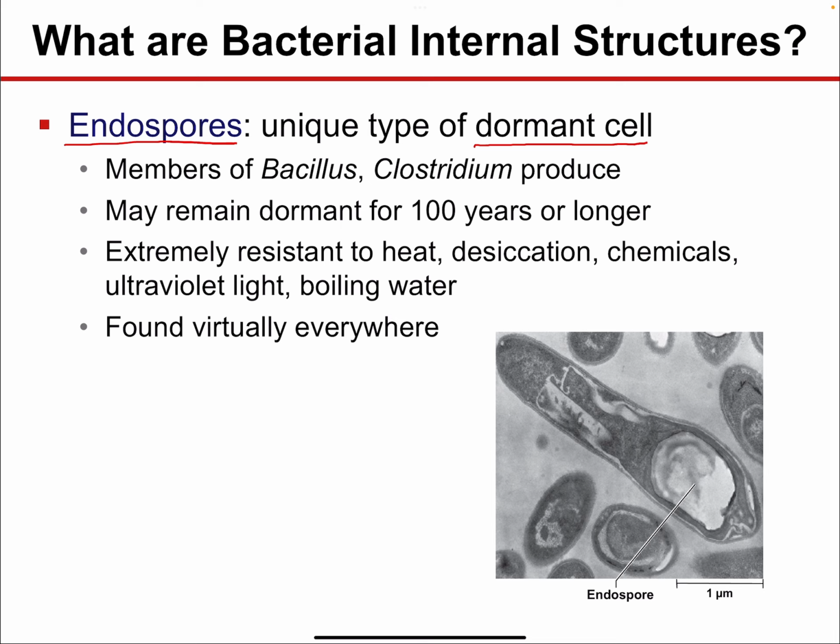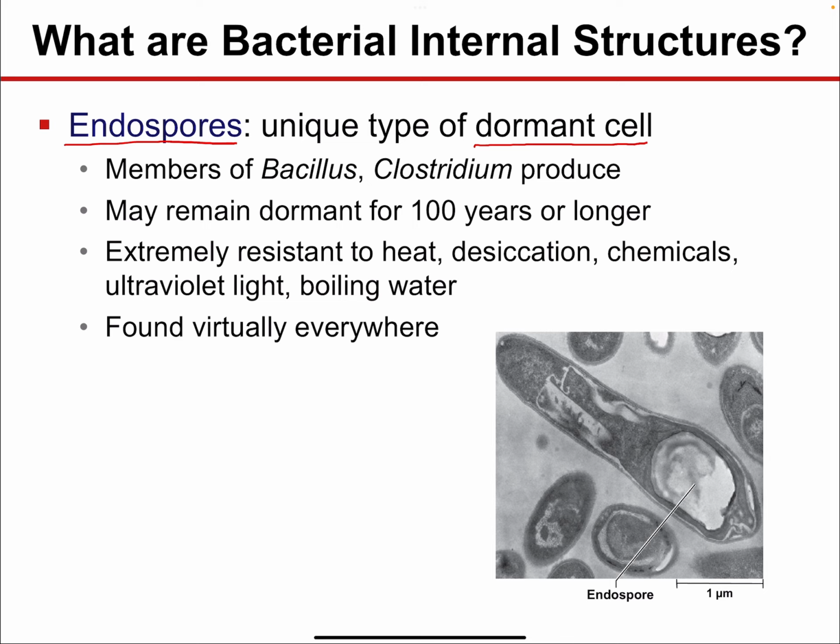And that bare minimum is very tough, very resistant to environmental conditions such as heat, desiccation. What else? We can think of radiation. These spores can be extremely tough and can live a long time in dormancy, right?